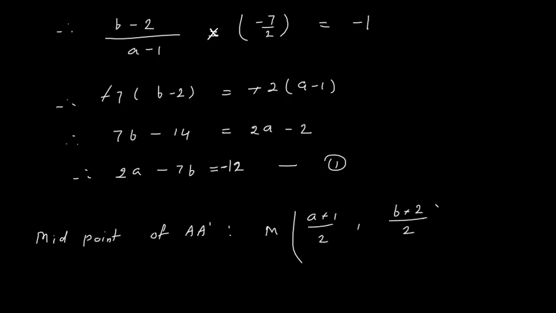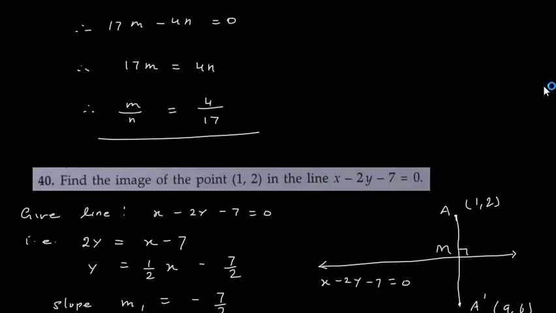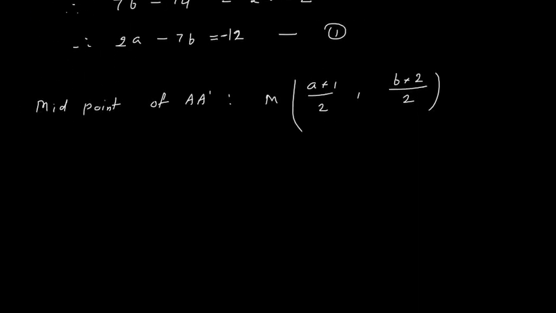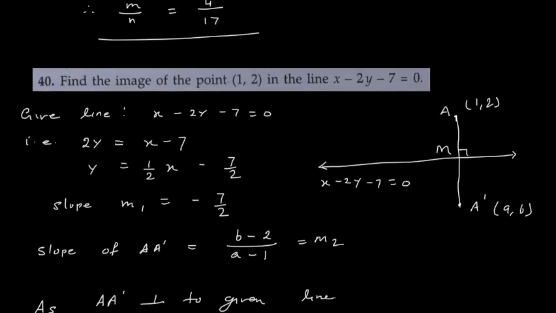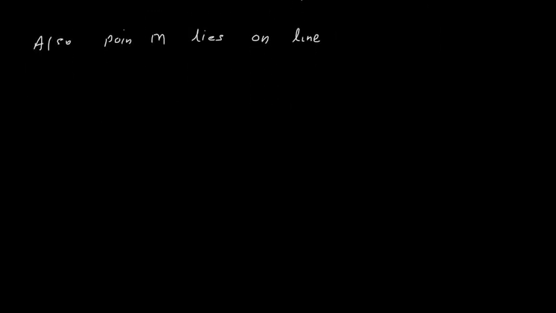This is the midpoint of AA dash, and this midpoint also lies on the line. So we say that the point M lies on the line x minus 2y minus 7 equal to 0.